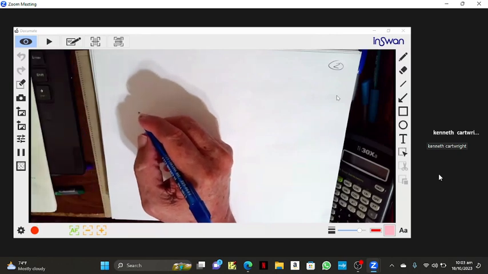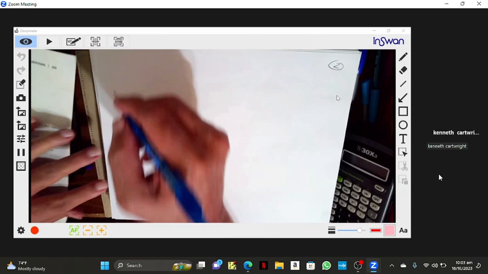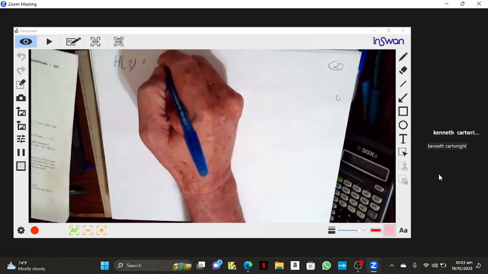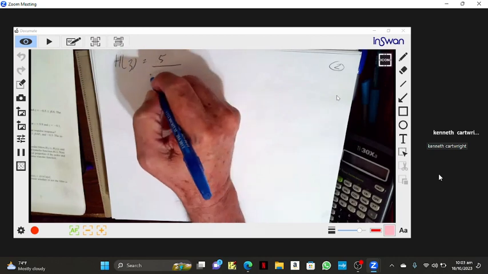So we have a transfer function h of z. This is a question right out of the book.